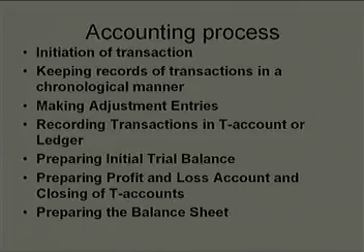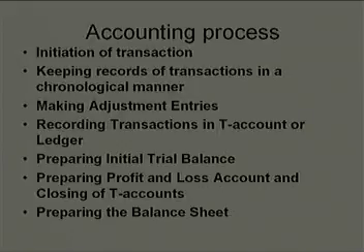Then making adjustment entries. Then you have to record the transactions in T account or ledger. So, T account is also referred to as ledger. Then you prepare the trial balance, which leads to preparation of profit and loss account as well as closing of remaining T accounts, and then finally you get the balance sheet.